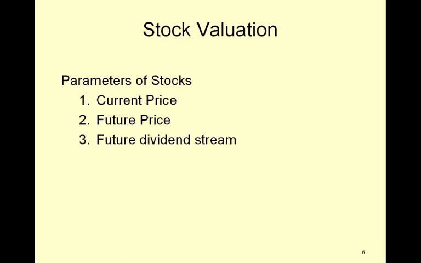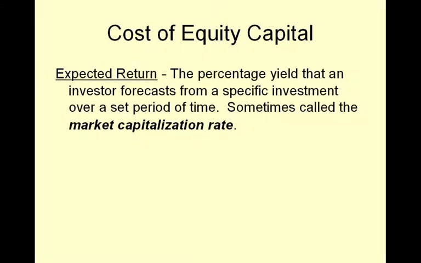The third parameter is the future stream of dividends that the owners would receive if they held shares of stock. And the fourth parameter is the market capitalization rate, or the rate of return that investors in the firm's stock expect to receive by owning shares of the stock. Let's talk more about this market capitalization rate idea.